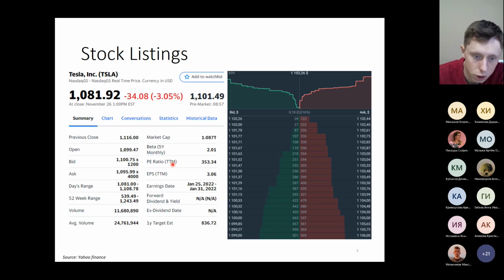Price to earning ratio, trailing 12. This TTM stands for trailing 12 months, so earnings for 1 year. This is the price to earning ratio, and there are multiple other ratios that we might have, price to sales, or any other relationship between the market price and the accounting information.